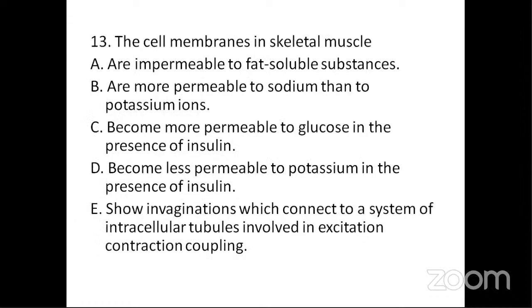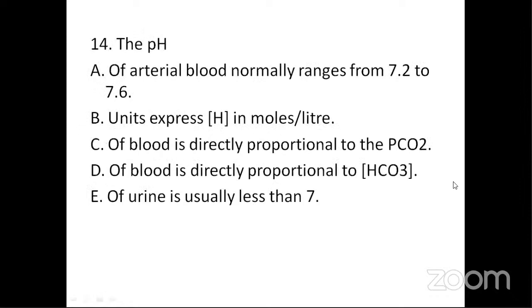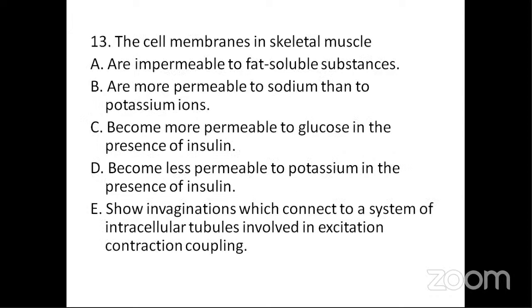Next question. The cell membranes in the skeletal muscle are impermeable to fat soluble substances, are more permeable to sodium than to potassium ions, become more permeable to glucose in the presence of insulin, become less permeable to potassium in the presence of insulin, show invaginations which connect to a system of tubules involved in excitation-contraction coupling.